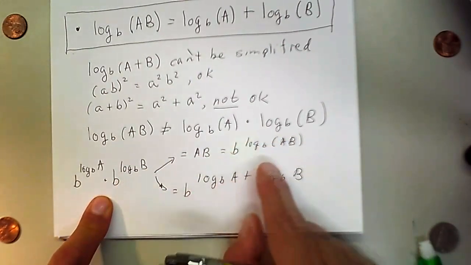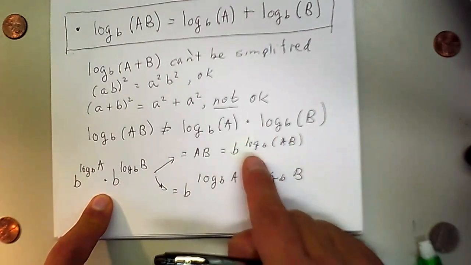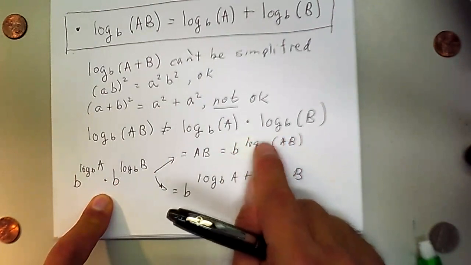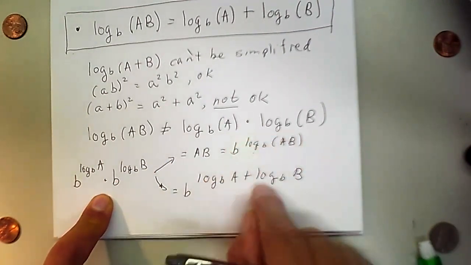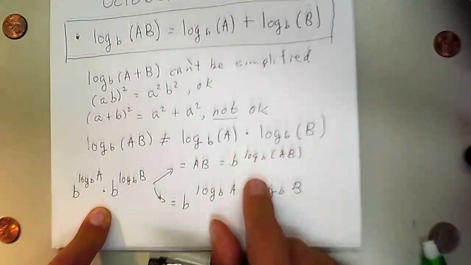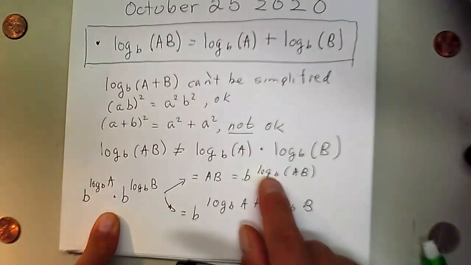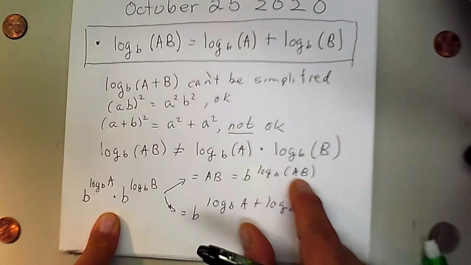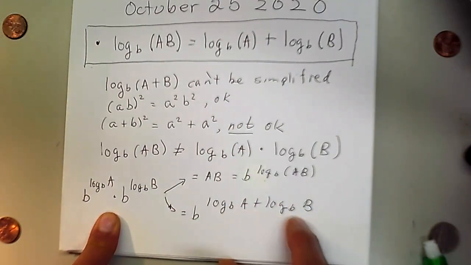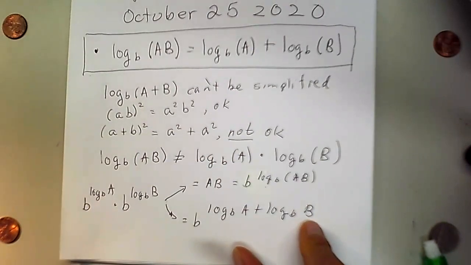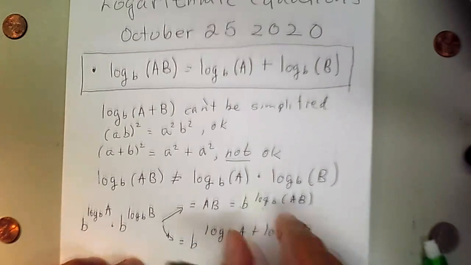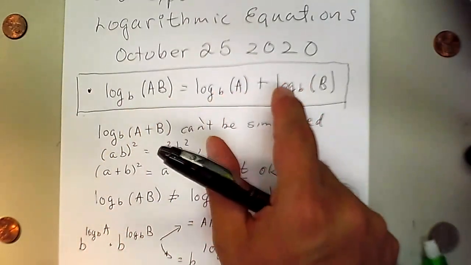By the transitivity of equality, this quantity is equal to that quantity, and that means that the exponents have to be the same. And that explains this. So the logarithm base b of a product is equal to the logarithm base b of a plus the logarithm base b of b.